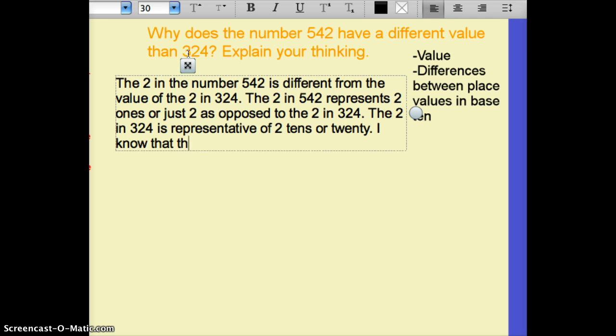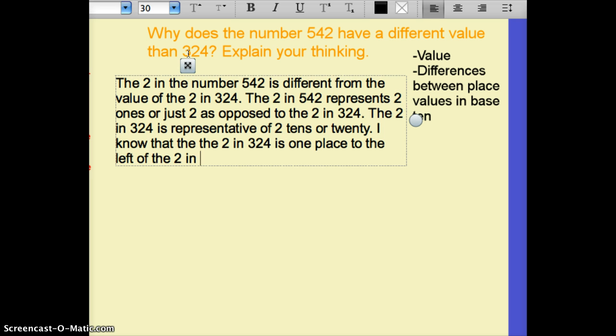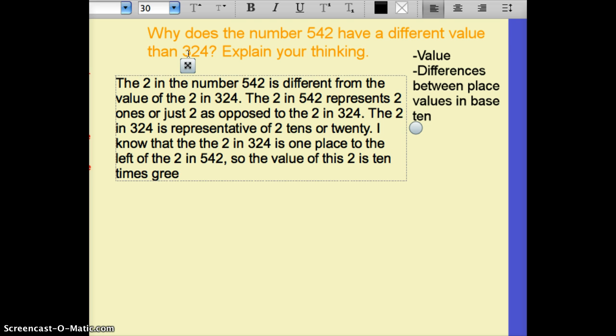I know that the 2 in 324 is one place to the left of the 2 in 542. So the value of this 2 is 10 times greater.